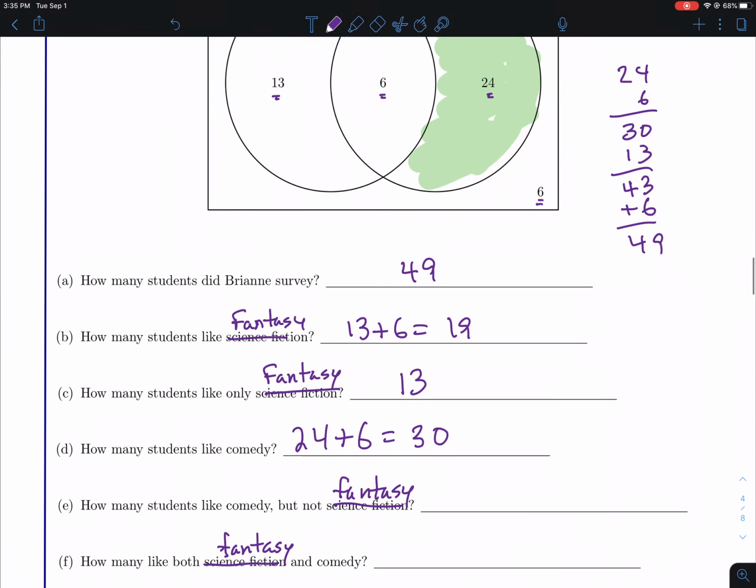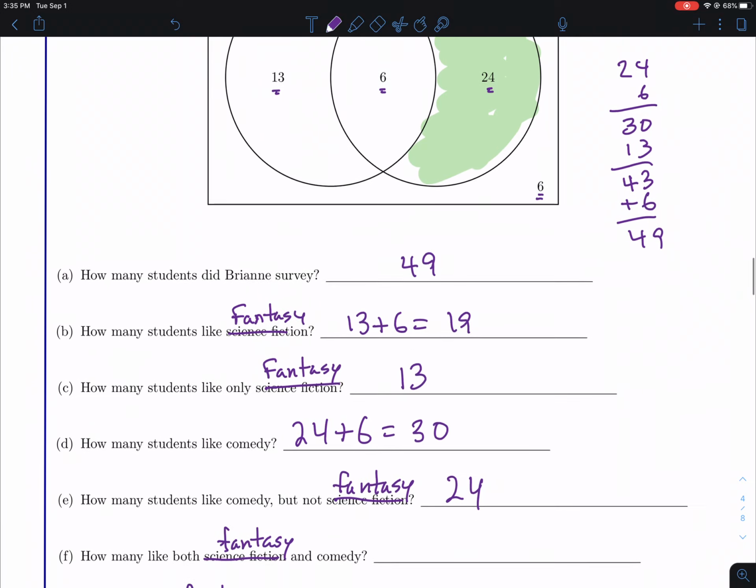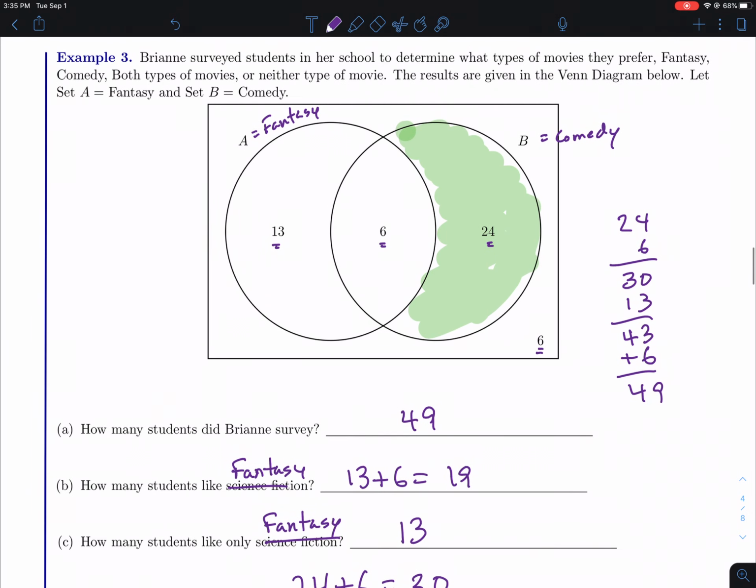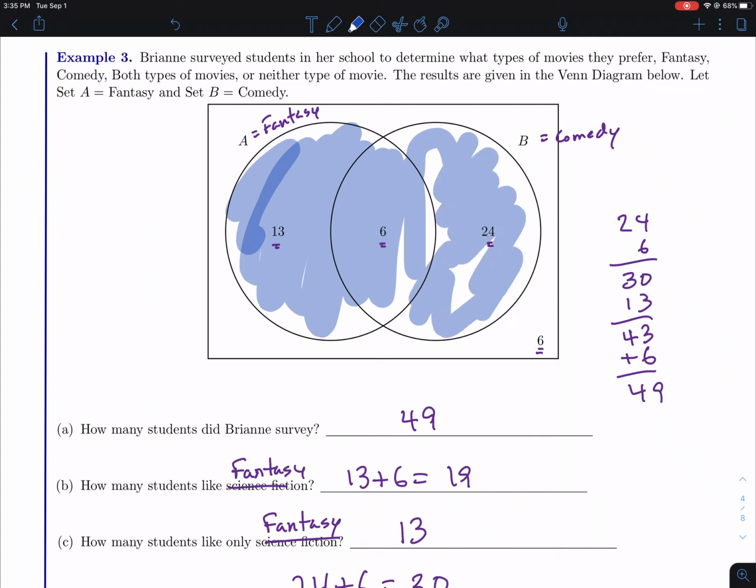So let's go down here. Oops, I put it in the wrong spot. Sorry. All right, so how many like both fantasy and comedy? In that case, what we're looking for is people that are in both circles. So if we go down here, say in blue, we're looking for anybody that's in either circle, including the people in the middle, because they like fantasy and comedy both.